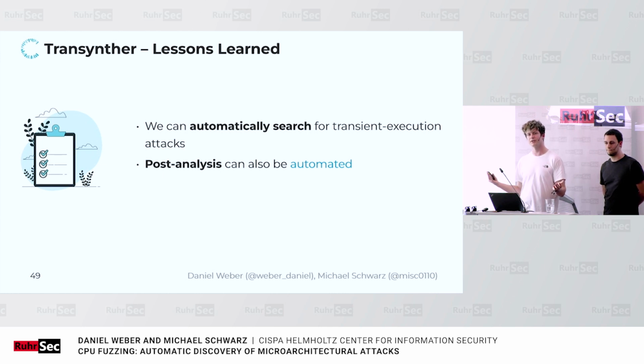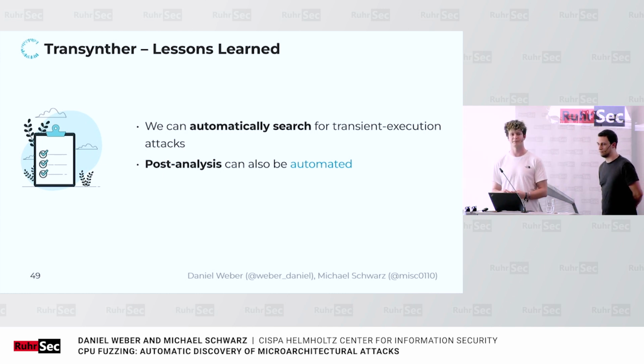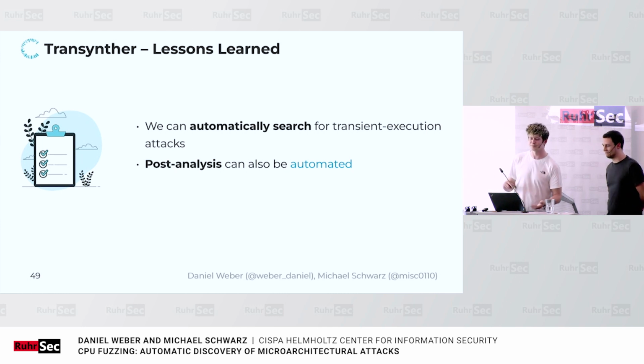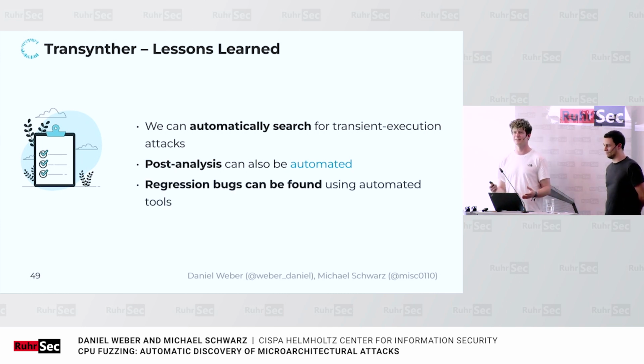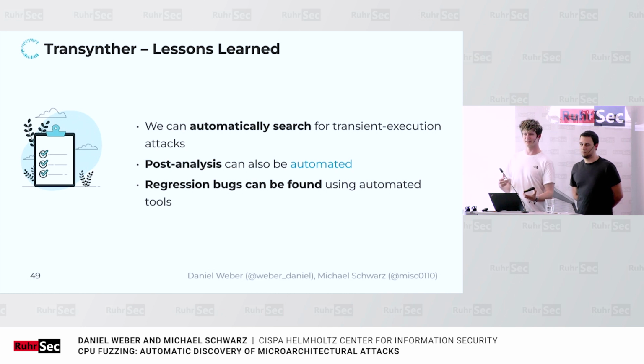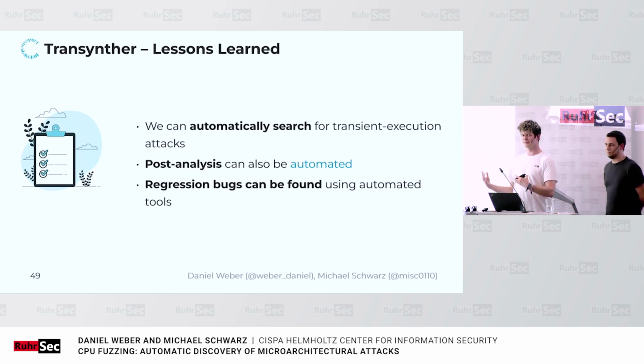May not be perfect, but it's at least better than, what did you say, 3,000 PhD students? They're like, come on. Okay, and we can find regression bugs. That's nice, because that means every time a new CPU gets out, we can just take our tools, execute them on there, and we'll just check whether things got worse.